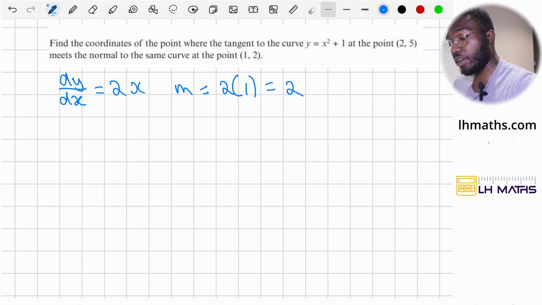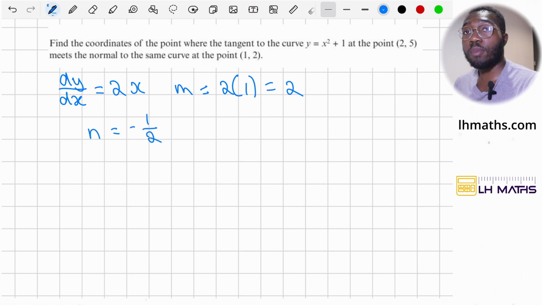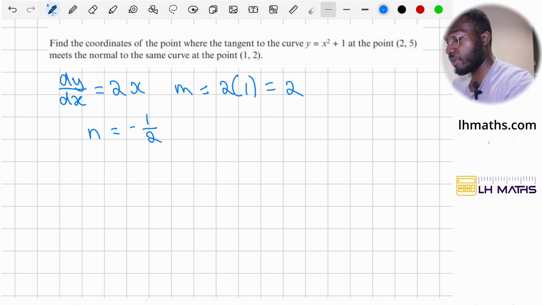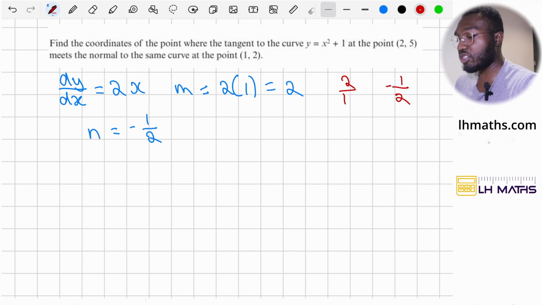Let's call the perpendicular gradient n, then it has to be minus a half. To get the perpendicular gradient, you just take the negative reciprocal of your gradient. Imagine 2 was 2 over 1, then the negative reciprocal is minus 1 over 2. We just flip the fraction.